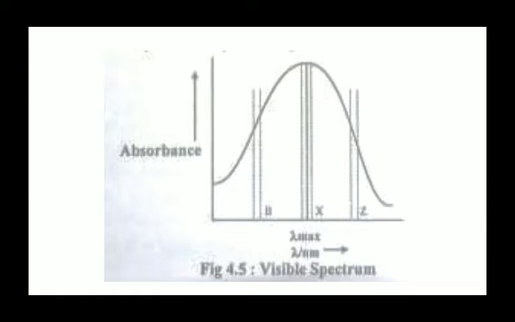If other spectral regions, for example Y and Z, are used, then deviations are observed. Also, if the bandwidth of radiation is large, that means the light is polychromatic, then deviations are also observed. As the bandwidth becomes wider, the deviation becomes larger.